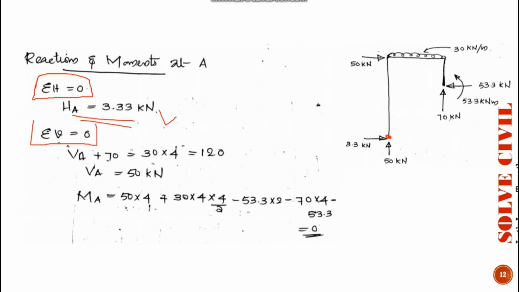Sigma V equal to 0. Similarly, we know that sum of vertical reactions will be 0. Substituting the values, we'll get VA as 50 kilonewton. By substituting these values, we'll get MA equal to 0.